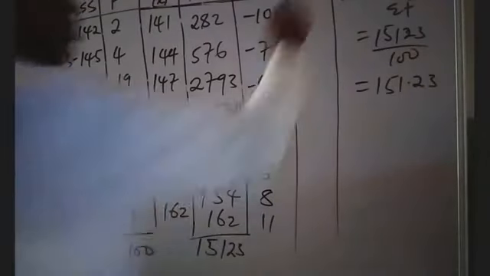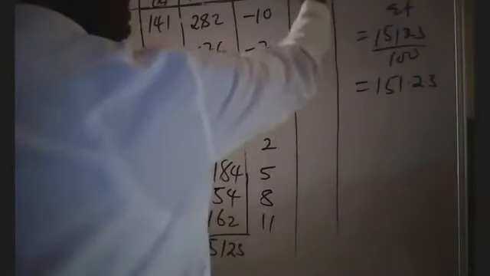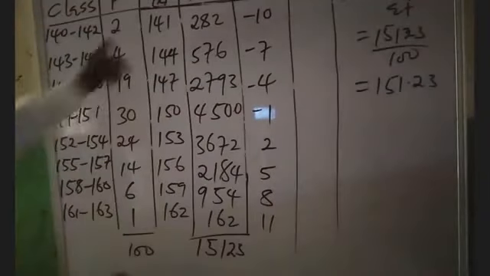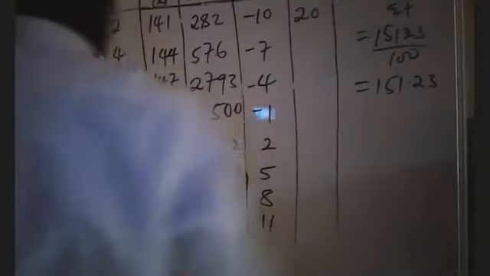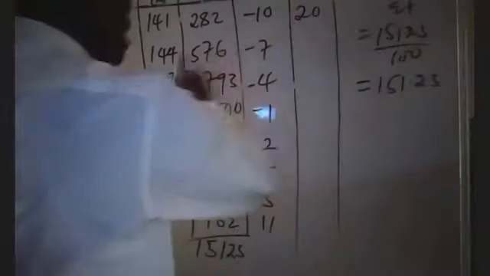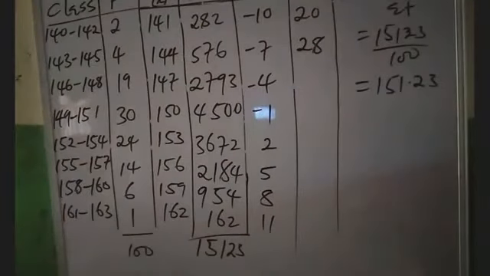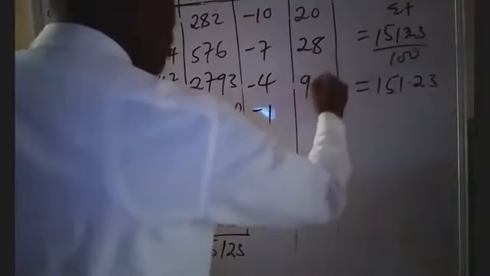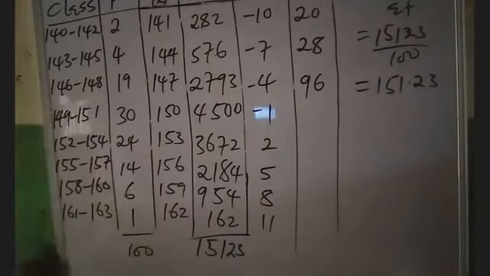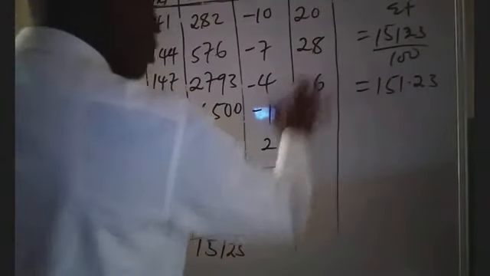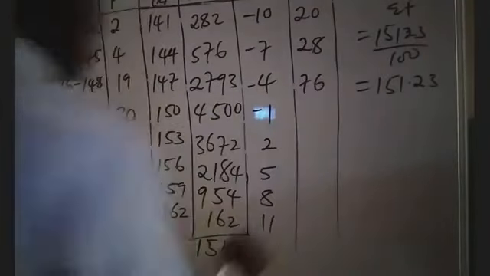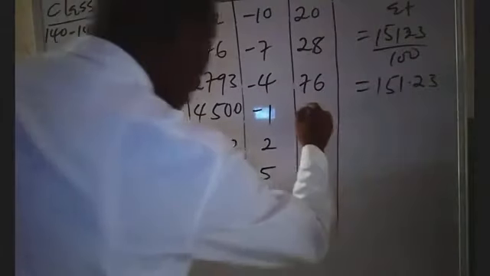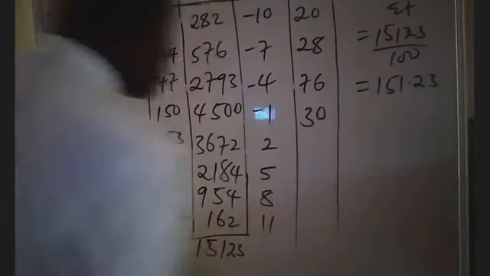I'll neglect the negative sign so that here's my fd, which is frequency times this. Here will be 20. 4 times 7 is 28. Neglect the negative sign. Then you have 19 times 4 is 76. Then you have 30 times 1, that gives you 30.